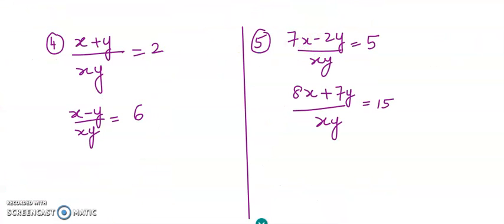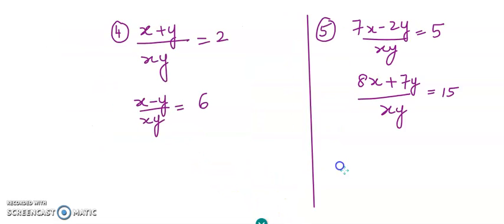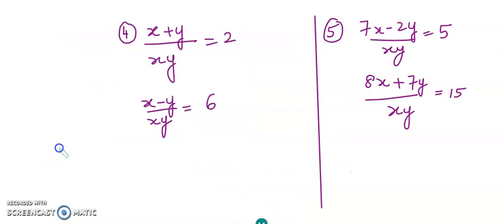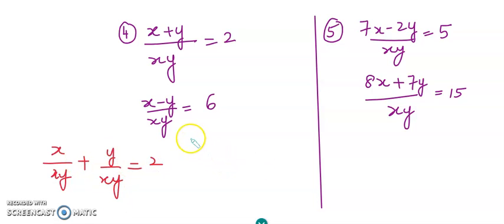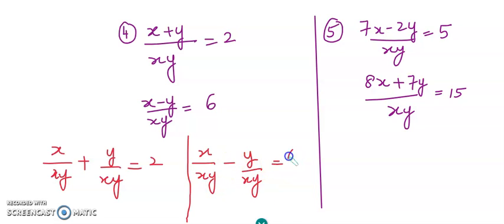Similarly, we'll be doing here. Okay, so already we have the xy in the denominator. So we are going to subtract that. So let's say the first equation: x upon xy plus y upon xy equals 2. I'll try to keep it next to each other. Then x upon xy minus y upon xy equals 6.